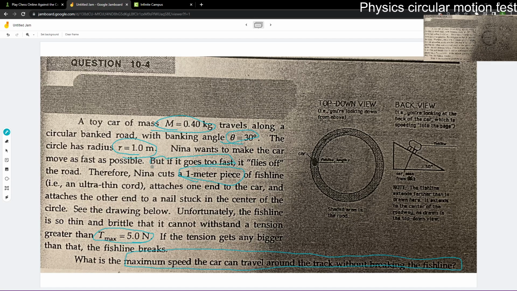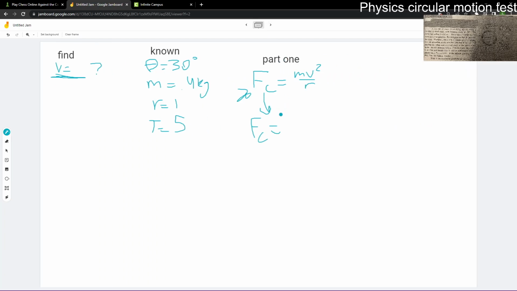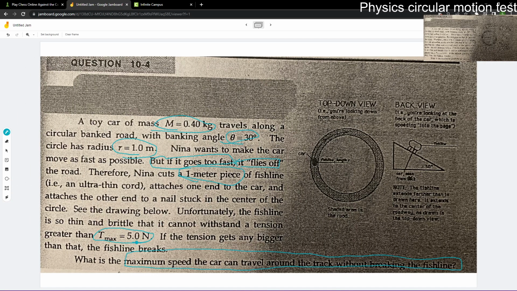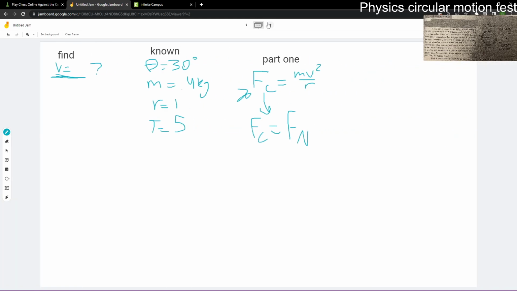If it goes too fast, without anything on it, the centripetal force would just be the normal force holding it down. But with the fishing line, it would be plus tension, because the car has to exceed the speed for the normal force and the speed for the tension.